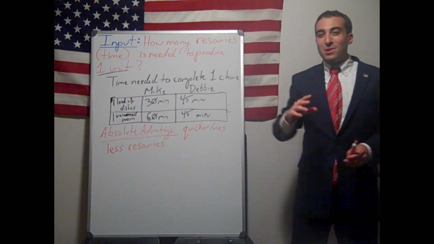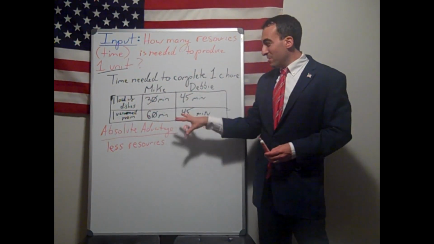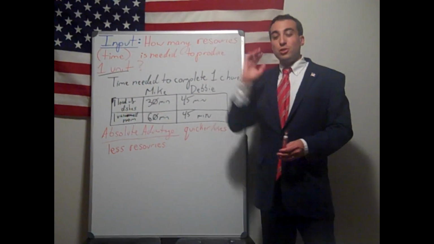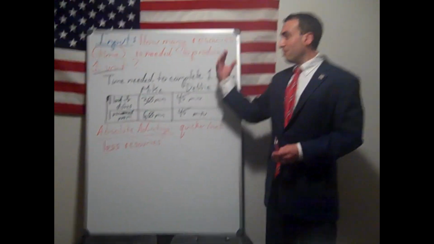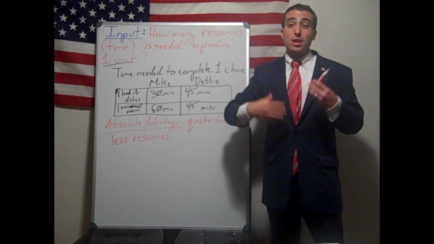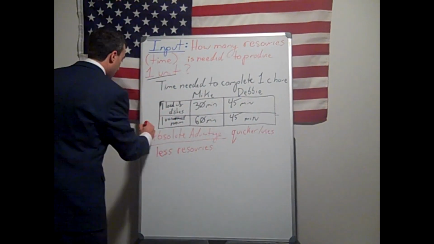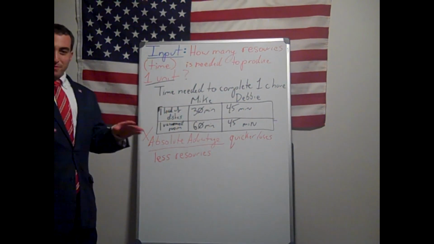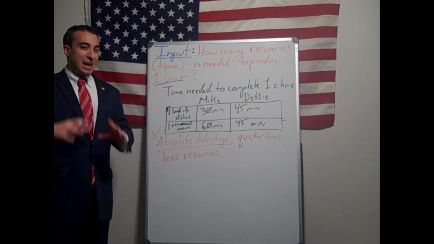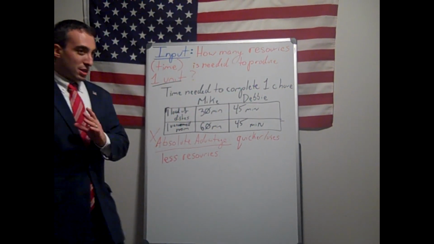It will be different for an output question. Absolute advantage for input is who uses less resources, and usually for time, it's just who does it quicker. But put a big X next to absolute advantage because we do not use absolute advantage to determine specialization.